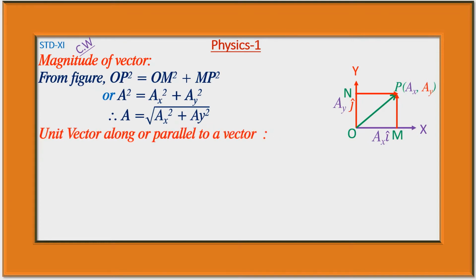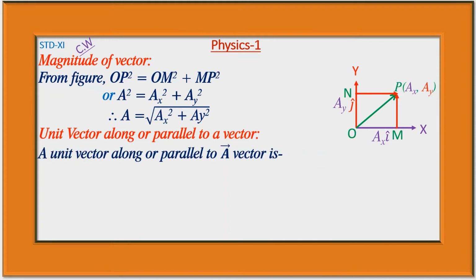Unit vector along or parallel to a vector. Now we will determine a unit vector along or parallel to a vector. If we divide a vector by its magnitude, we will get a unit vector along that vector.